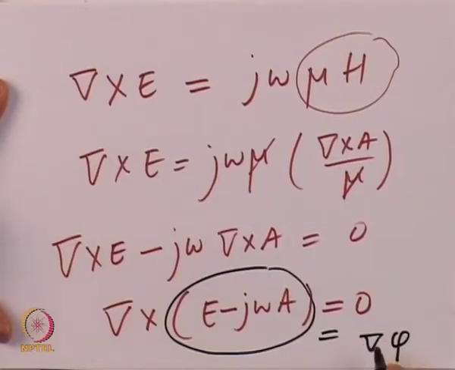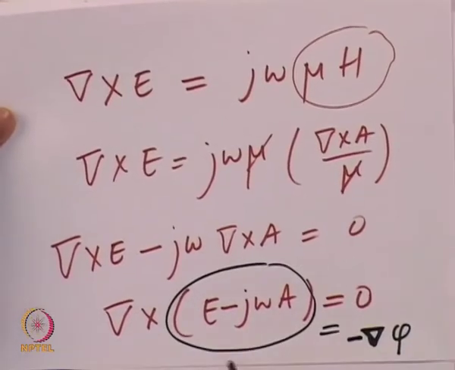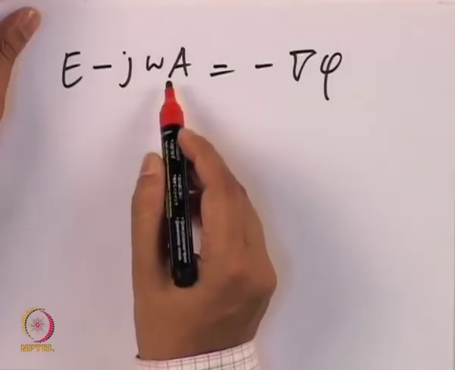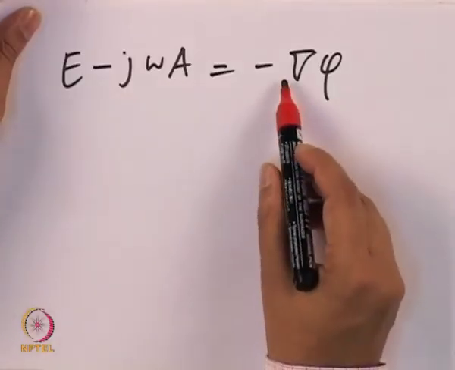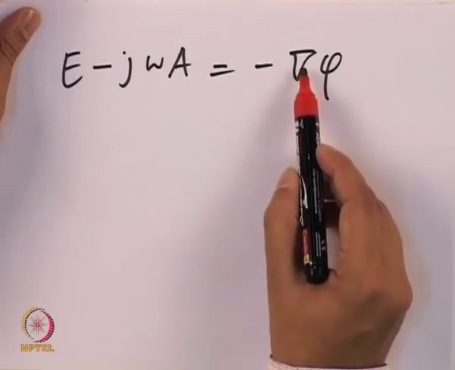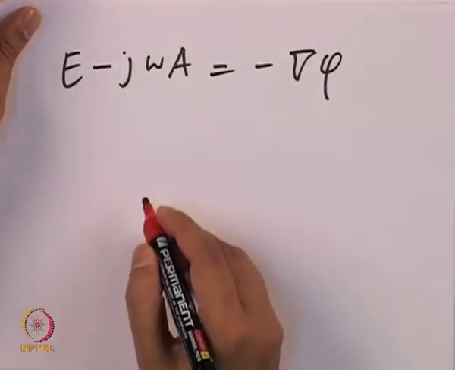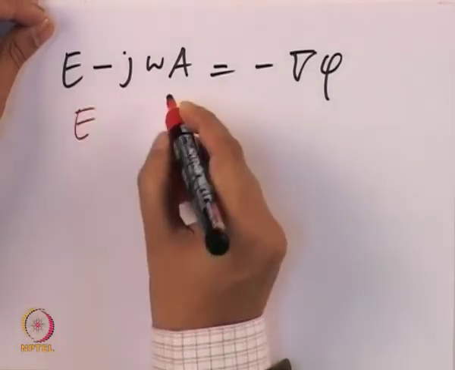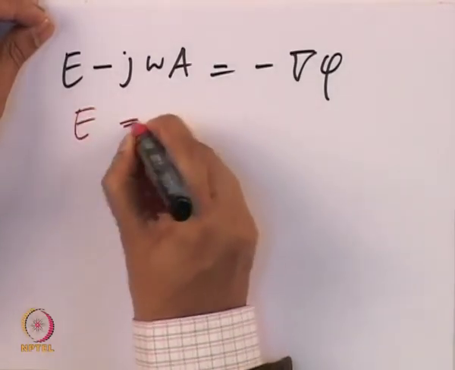In this case we take the gradient of phi, which is the electric scalar potential, and by convention we use a minus sign. So what we have now is E minus j omega A is equal to minus the gradient of the electric scalar potential. We can also write it in the time domain form, which will be useful for us.